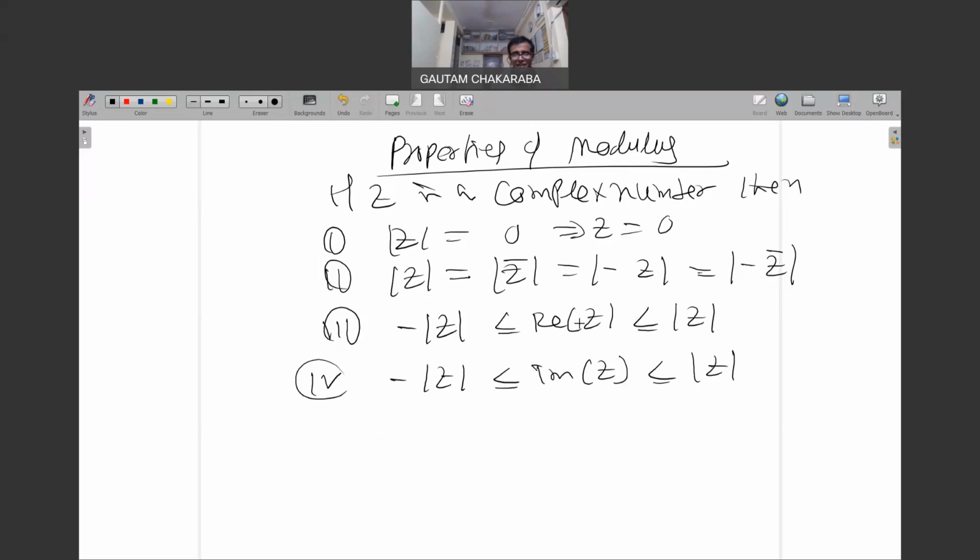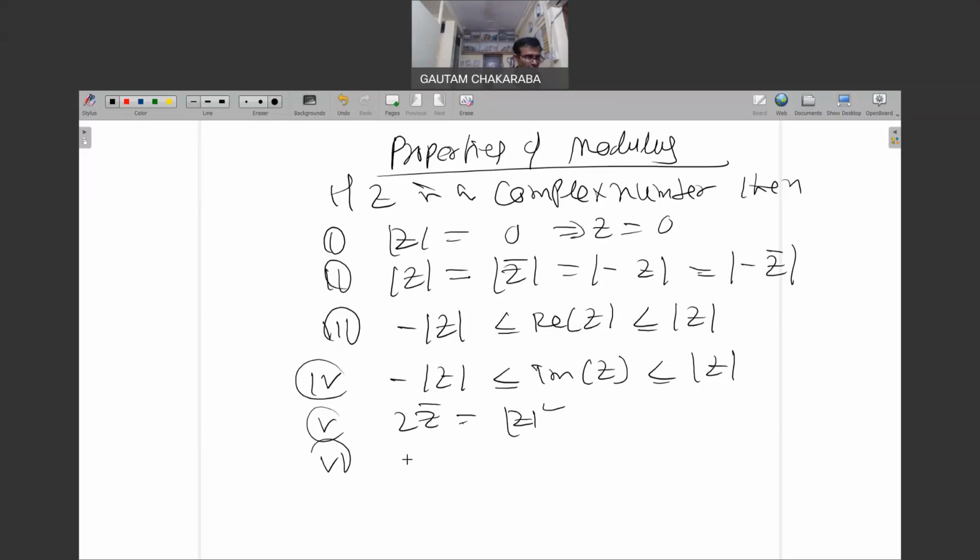Real Z lies between minus modulus Z and modulus Z, imaginary same. Now fifth part, Z times Z conjugate is equal to modulus of Z squared.